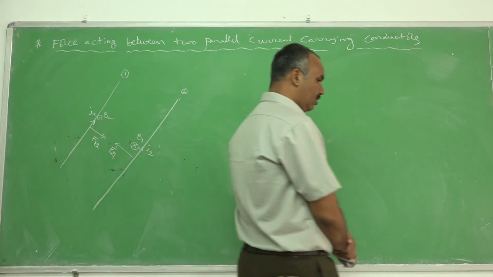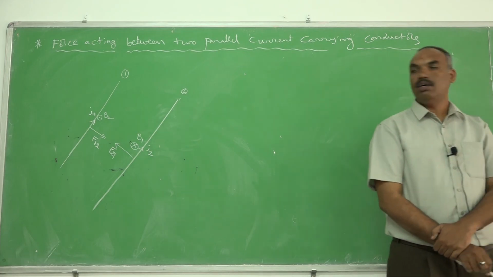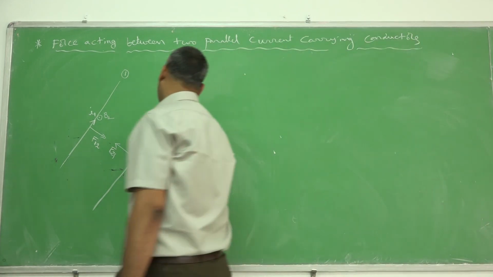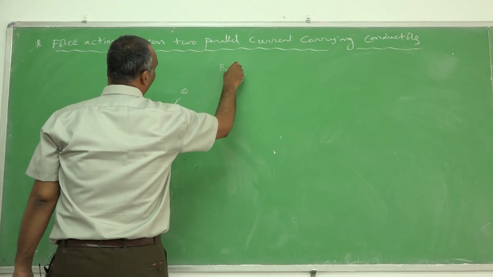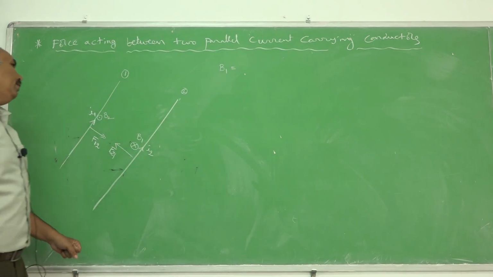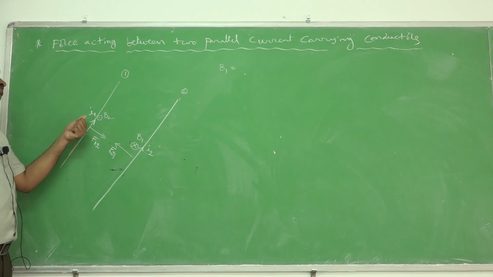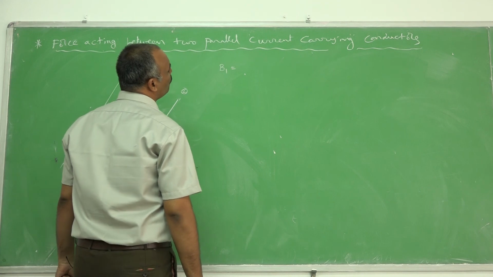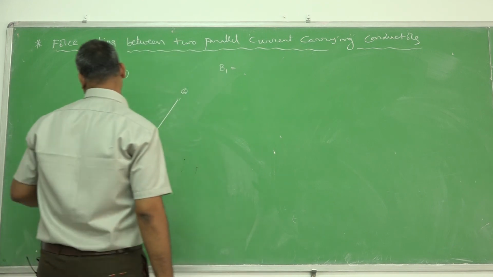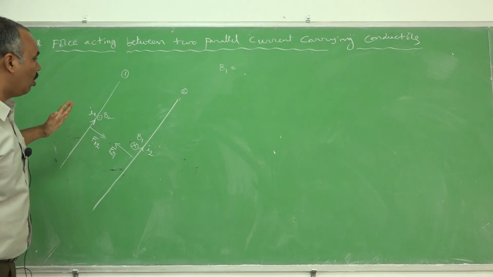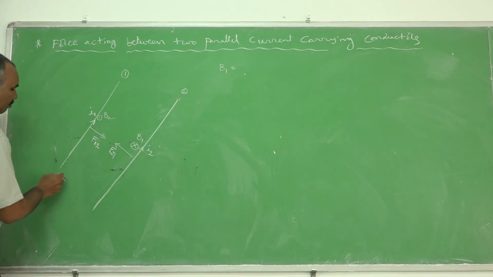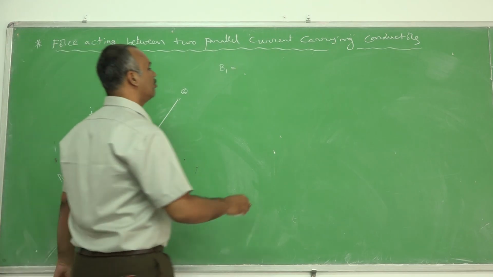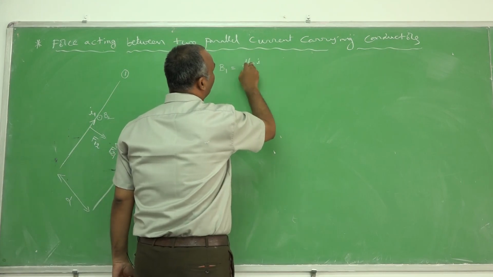We need to calculate. First of all, you tell me, what is the magnetic field developed here into the paper? B1. B1 is the magnetic field developed due to the presence of current in the first conductor. The magnetic field is given by, it is an infinite long conductor, and the separation between them is d. At distance d, what is the strength of magnetic field because of a long conductor? Mu naught I by 4 pi d.